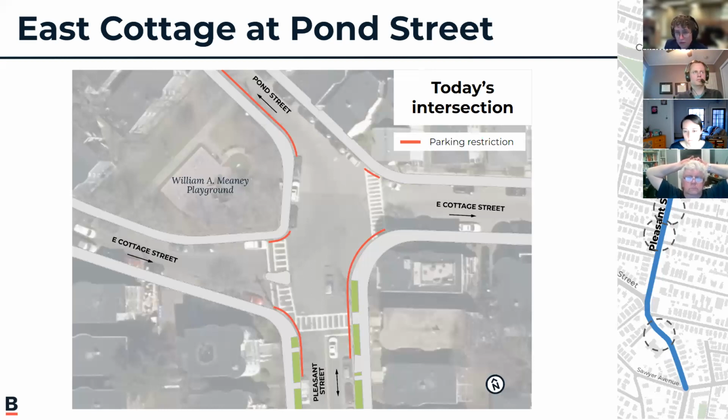And what we heard most of all is concerns about drivers coming down East Cottage and not complying with the stop sign and taking this turn onto Pleasant at fast speeds, and also about other drivers speeding through the pretty wide intersection as well. So this was definitely a pain point that we heard about.